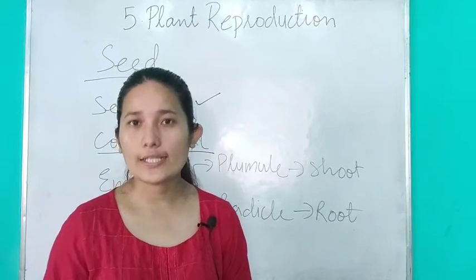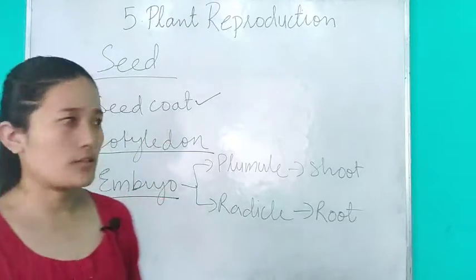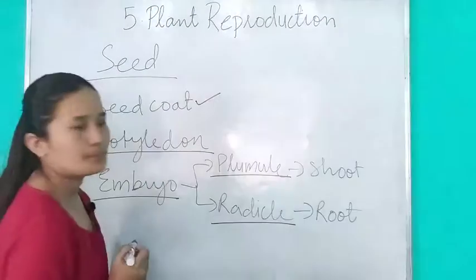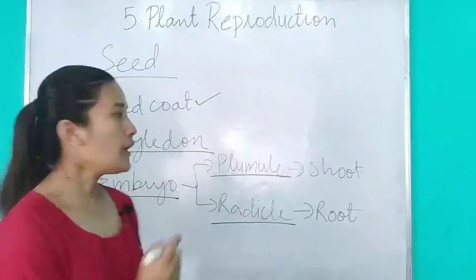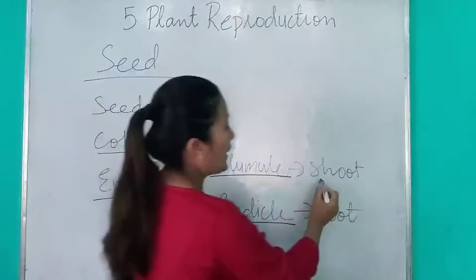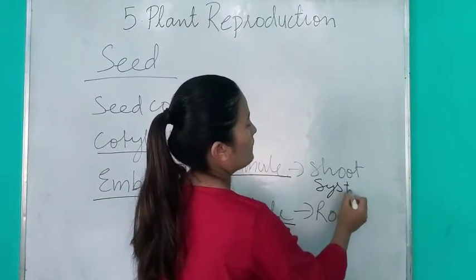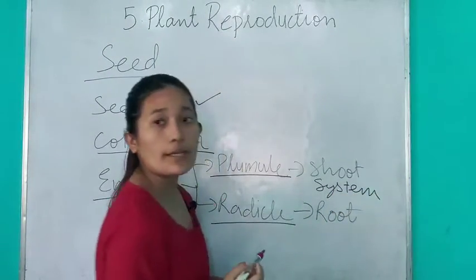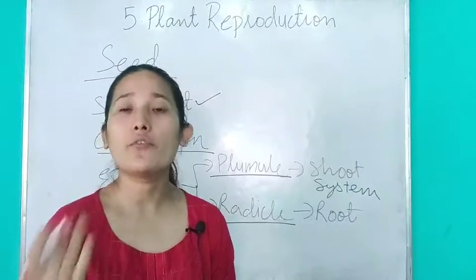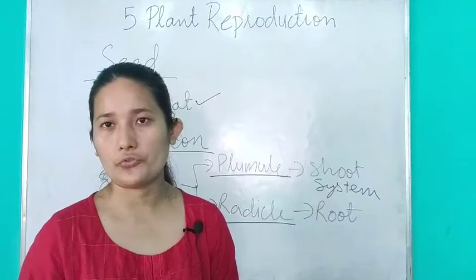Now the embryo has two parts, plumule and radicle. The plumule is the part of the embryo which later on gives rise to the shoot system. What is the shoot system? It's the part of the plant which is visible to you and grows above the ground. That's why it's visible to you, right?